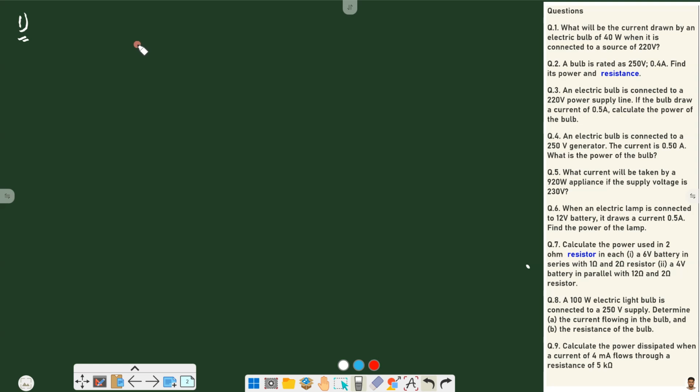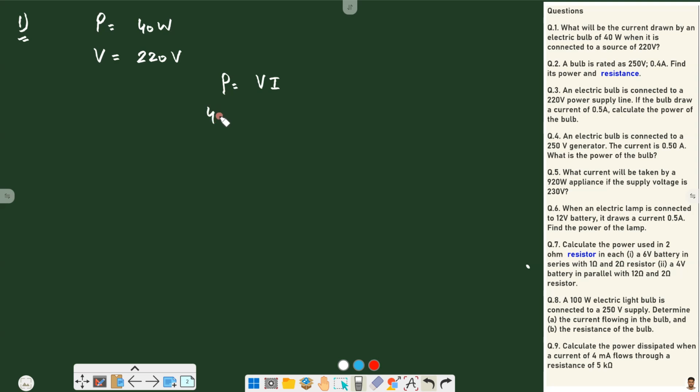In question number 1 it is mentioned that an electric bulb has a power of 40 watt, and the potential is 220 volts. We have to find the current, and the formula for power is P = VI.